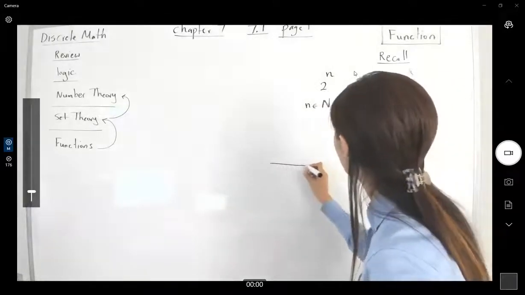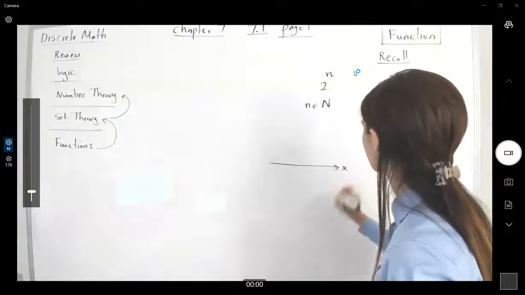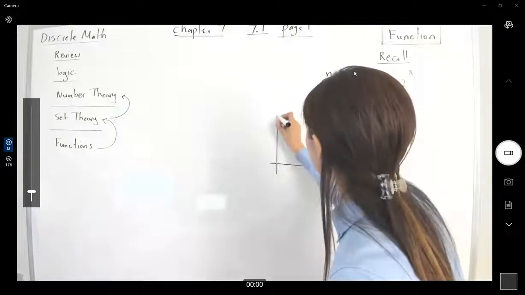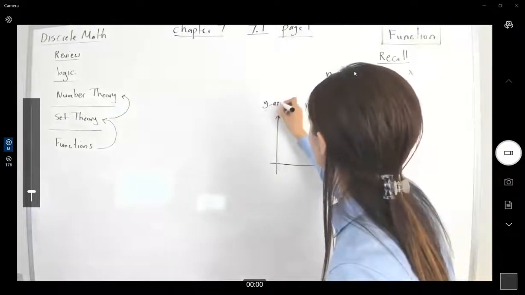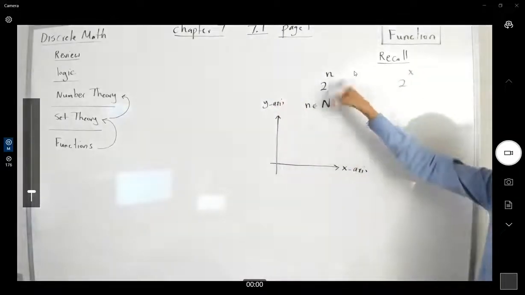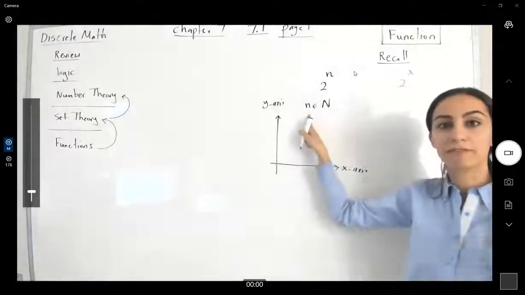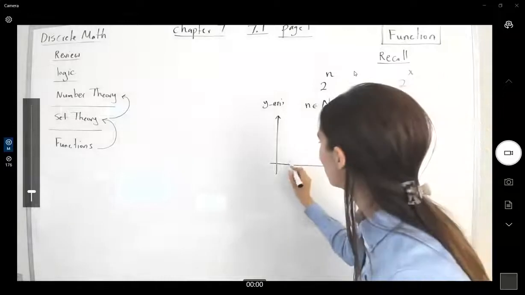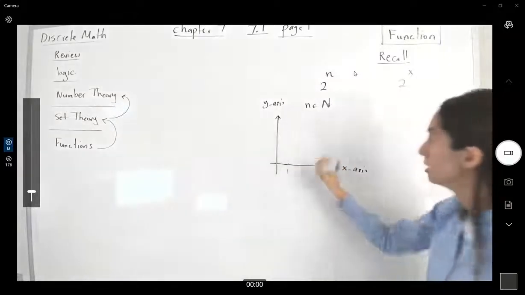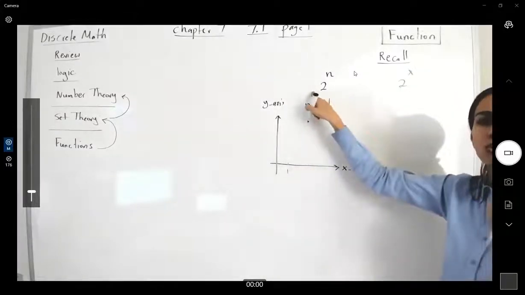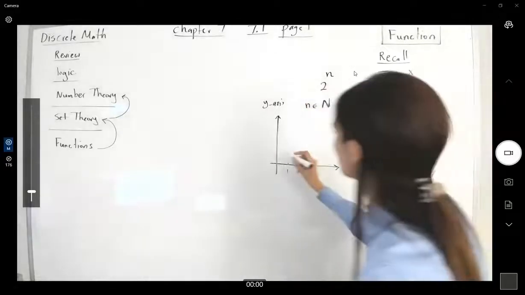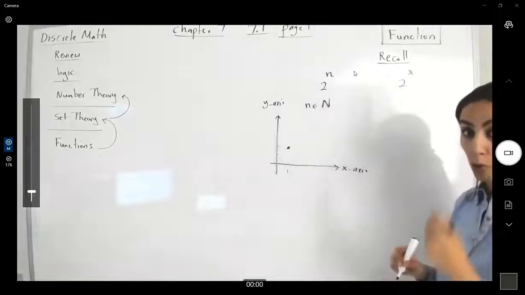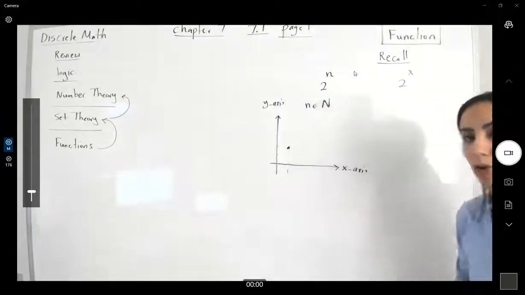So if you use x-axis and y-axis, for 2 to the n, the very first value that you're allowed to plug in is 1. So when your n is 1, your y value is 2 to the first power, which is 2. Very well, okay. This is my very first point on the graph of this function.